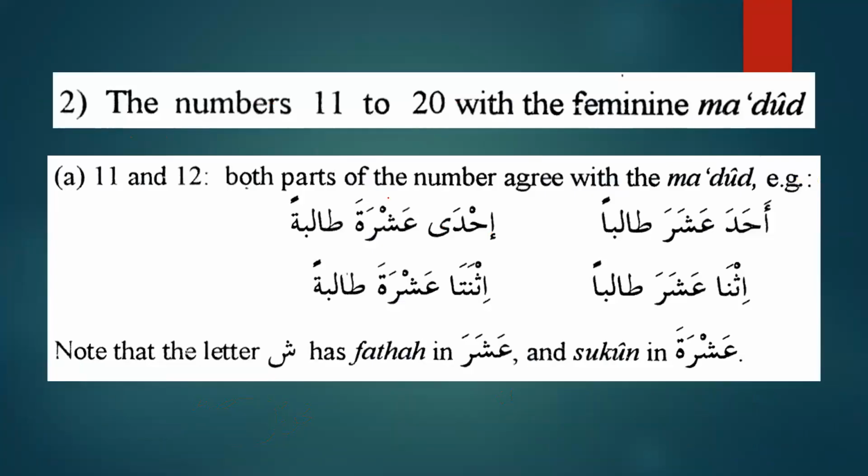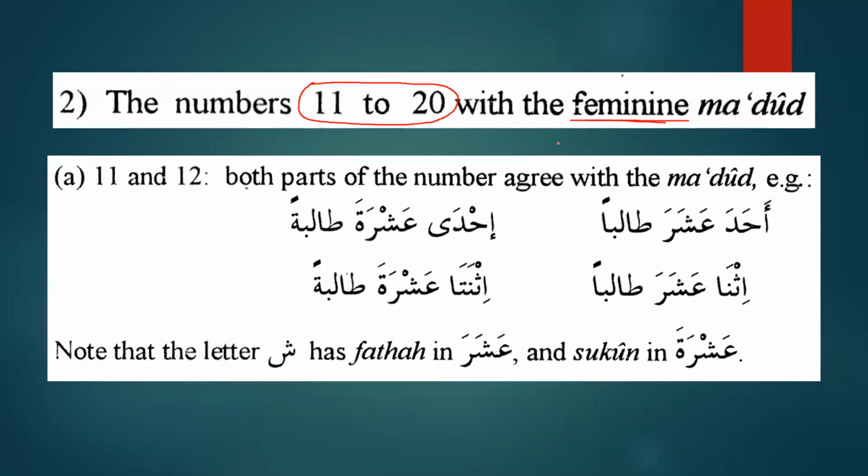Then we move on to the numbers, and you know the numbers are always challenging in Arabic. They are not very easy to learn, okay? So in this lesson, the numbers that we are focusing on are from 11 to 20 with feminine ma'dud, when the thing that is being counted is feminine.